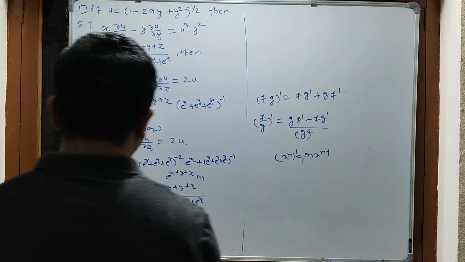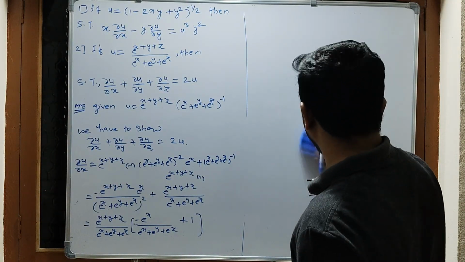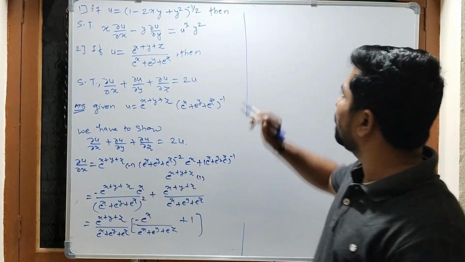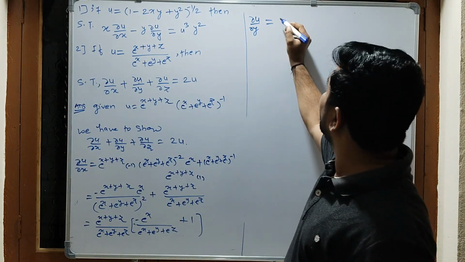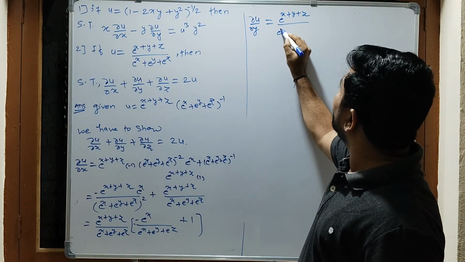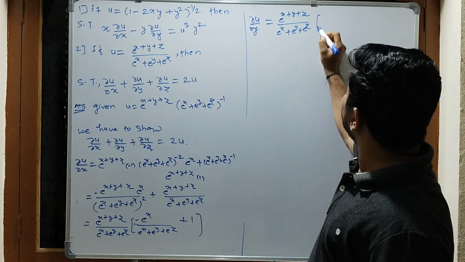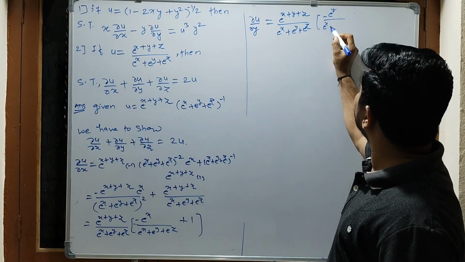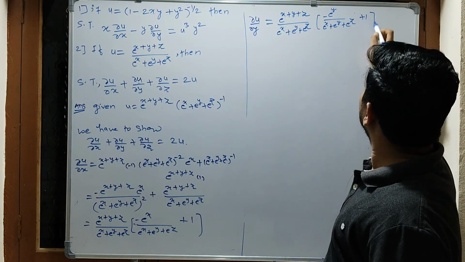So here I will write the same thing: this is equal to e^(x+y+z) divided by e^x + e^y + e^z, times minus e^y divided by e^x + e^y + e^z, plus 1.